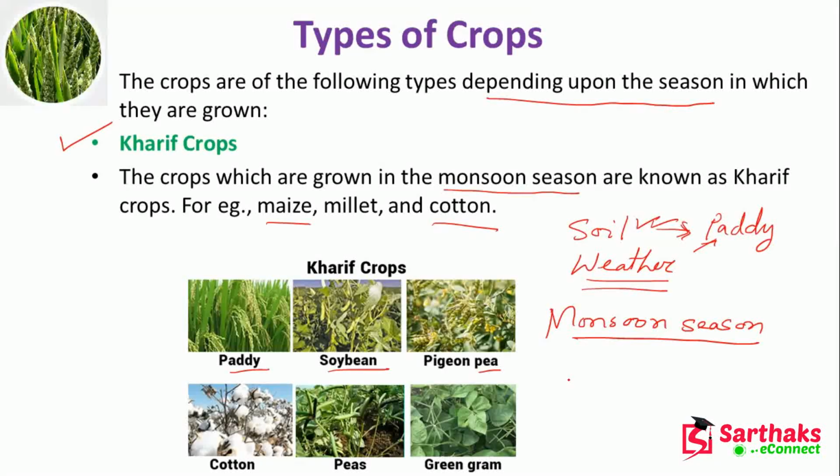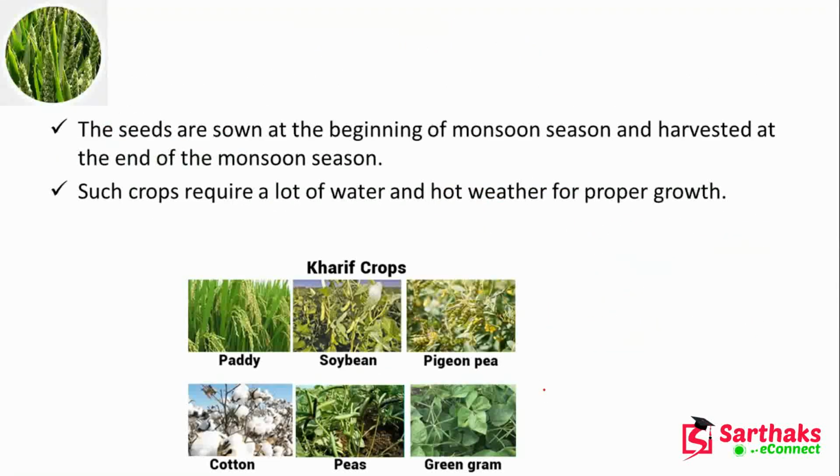Kharif means it will grow on rainy days. You have rainy days sometimes in your school, no? So the rain is also required here. That's why in the monsoon season, we are growing the kharif crops, right? Clear? Next. The seeds are sown at the beginning of the monsoon season and harvested at the end of the monsoon season.